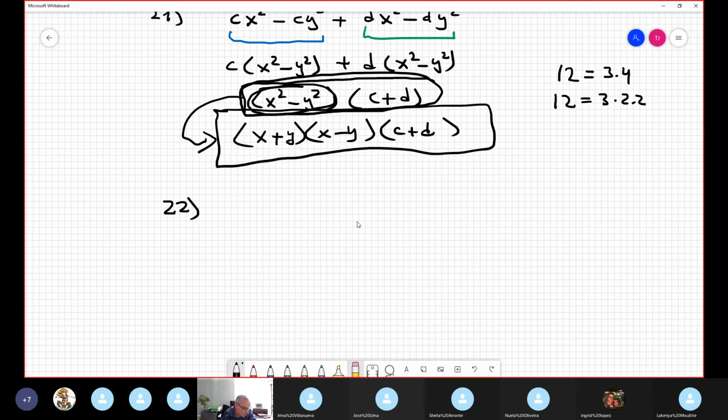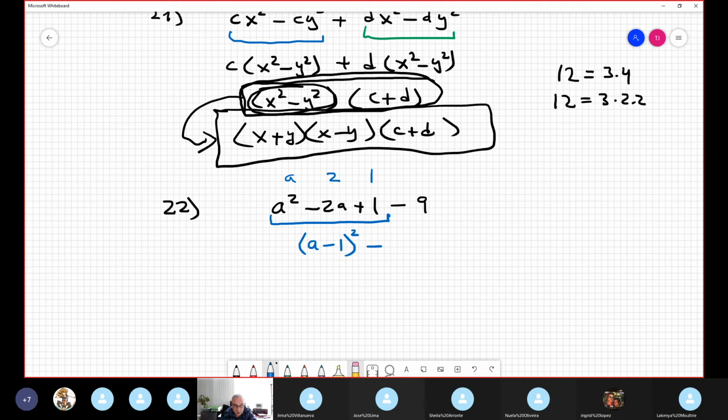Number 22 is a little bit weird: a squared minus 2a plus 1 minus 9. Group the first 3 terms. Normally this situation doesn't happen, but I obey the order. They want you to condense it into only one. This is a perfect square trinomial, and the factorization is (a minus 1) squared, because the square root of a squared is a, the square root of 1 is 1, and the multiplication of both times 2 gives 2a. And this is minus 9.